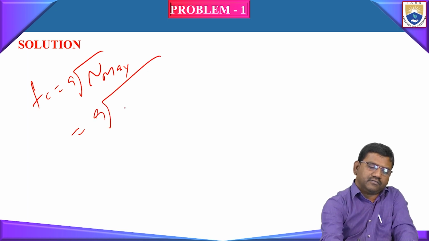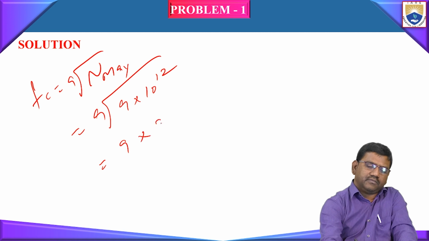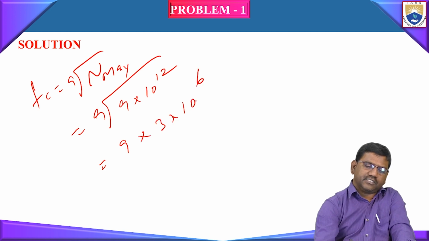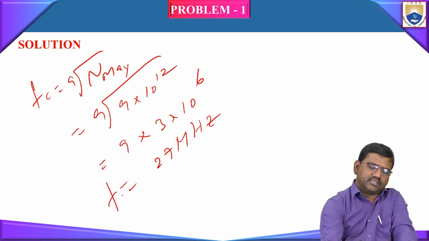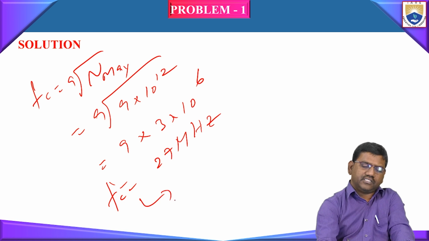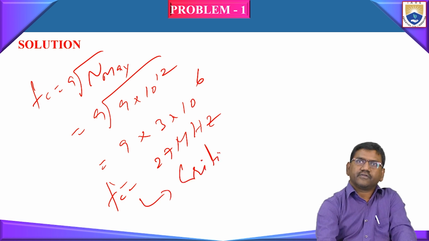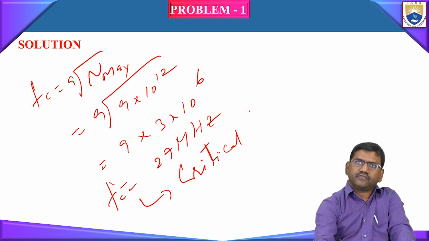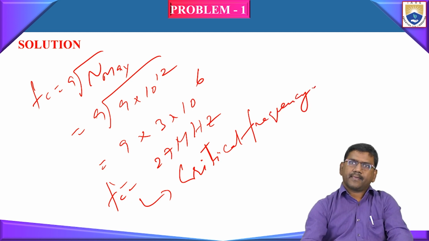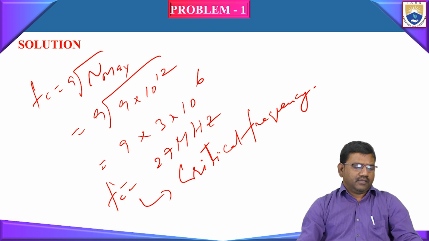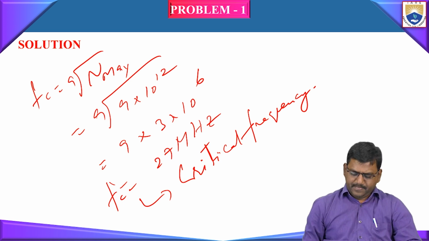So 9 into 10 power 12 gives 9 into 3 into 10 power 6, which is equal to 27 megahertz. This is Fc. Fc stands for critical frequency. Now let us go to the next problem here.